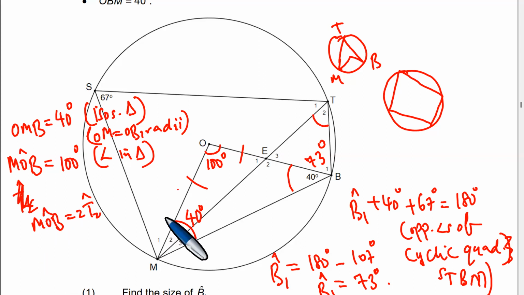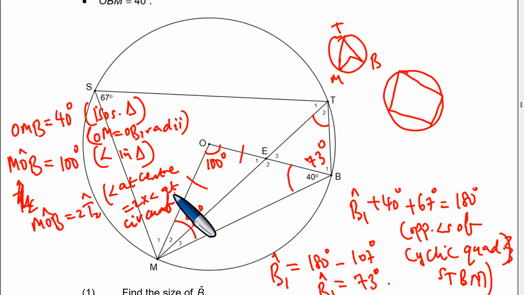Angle at center is twice angle at circumference. So here, angle at center equals 2 times angle at circumference.